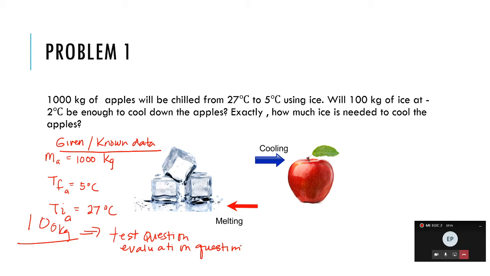So our approach here is we can calculate the right amount of mass, or the quantity, of ice to be used in the cooling process with 1,000 kilogram of apples.